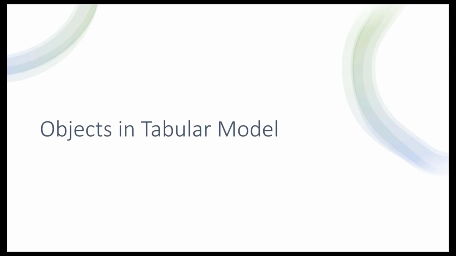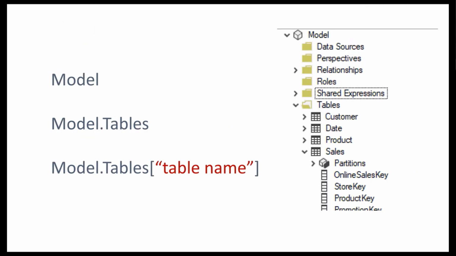So then let's jump into the objects in Tabular Model. Tabular Model is the thing behind Power BI. It's the model we create when we join the different tables and create measures and so on. So how does the Tabular Model look in Tabular Editor?